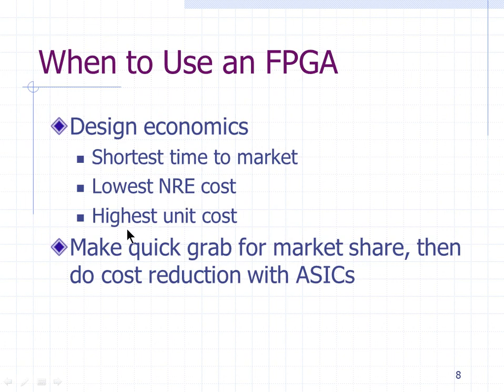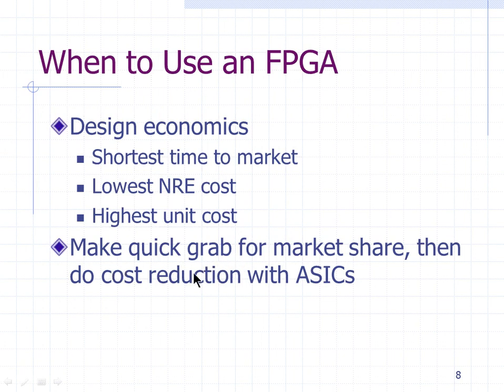Now, one of the problems with FPGAs till recently was that the unit cost, or cost per FPGA, was on the higher side when you compare it to cost per ASIC. Now that difference has come down drastically because FPGAs are also manufactured and available in bulk quantities nowadays. So the cost per chip has gone down.